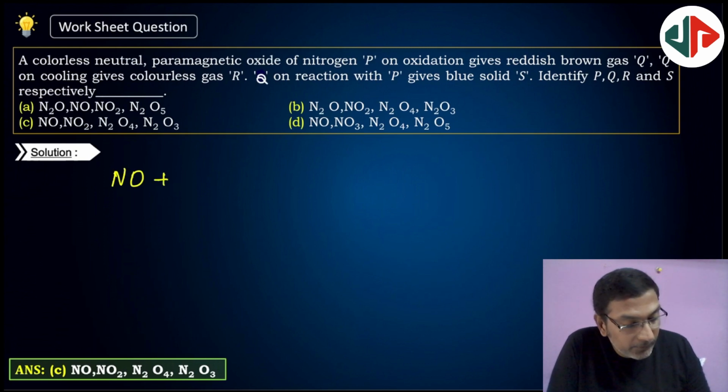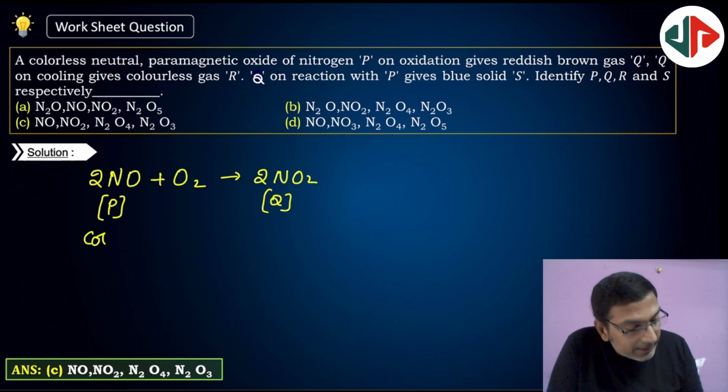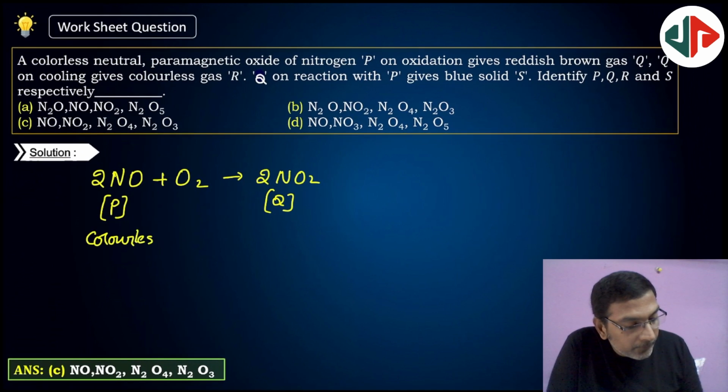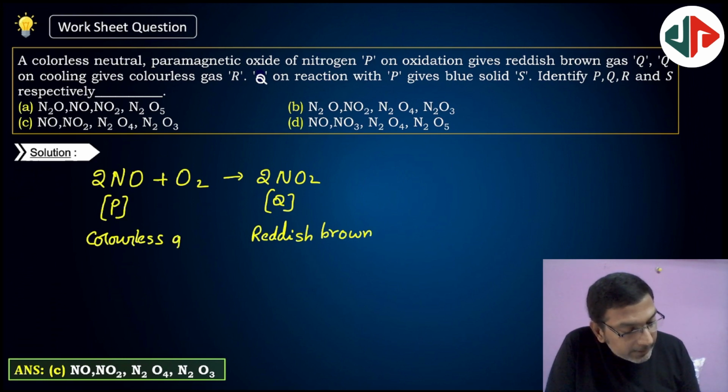NO on oxidation, 2NO plus O2, this is P, gives 2NO2, which is Q. NO2 is a reddish brown gas.